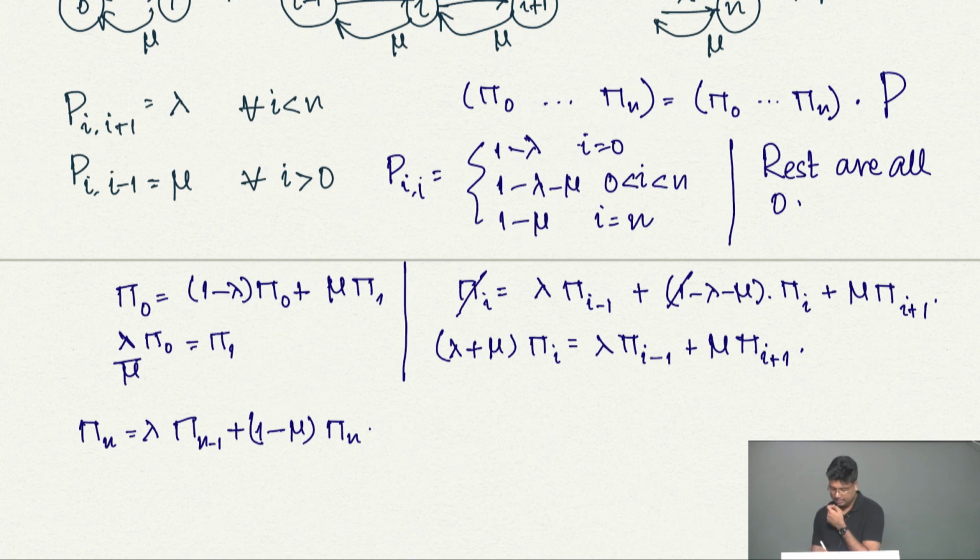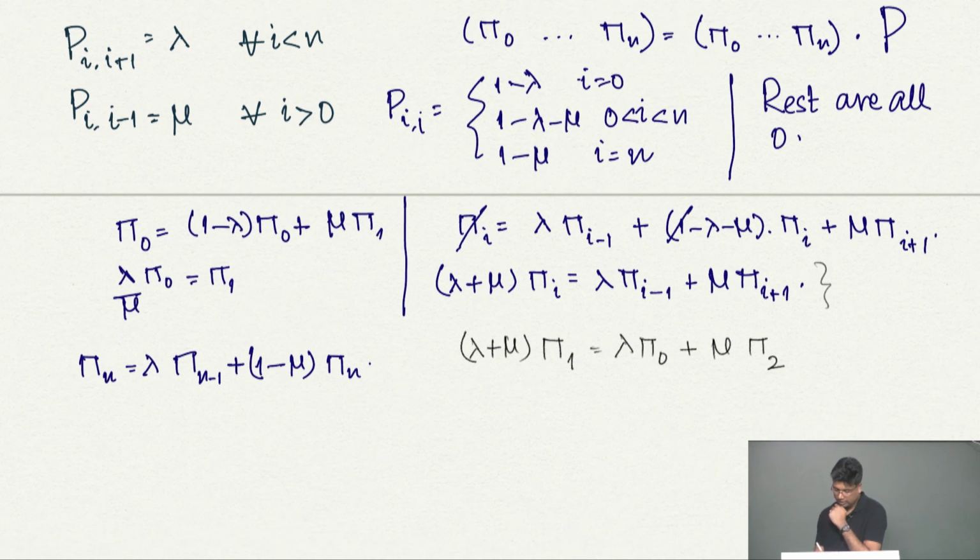So now let's instantiate this. Let's instantiate this with pi 1. So what do I have? Lambda plus mu times pi 1 is nothing but lambda times pi 0 plus mu times pi 2. So what do I have here?